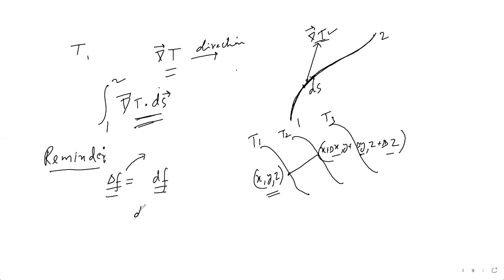So what will happen if I want to write, for example, let's not say df, but since we are again taking a scalar field which is T, let's always talk in terms of T. So always have consistency, right? It's very important to be consistent, because otherwise you will lose track.